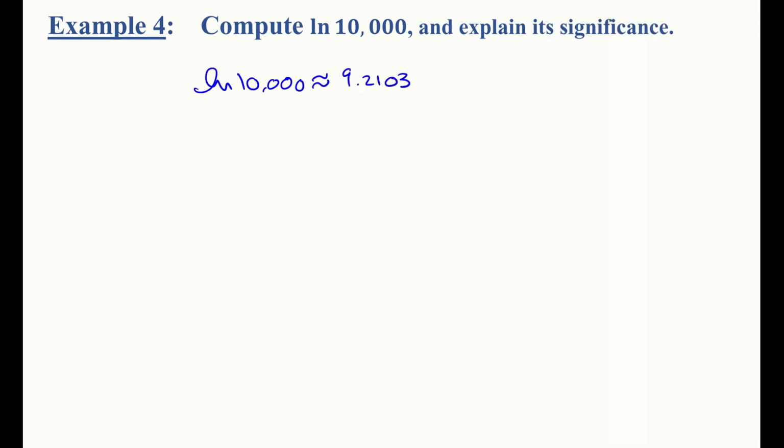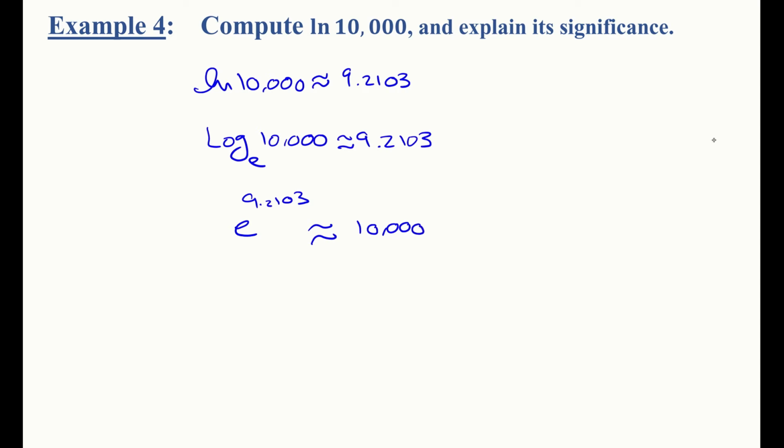And as far as understanding it, remember, we have just computed log base e of 10,000, because that's exactly what ln of 10,000 is. And we have found it to be approximately 9.2103. Converting it to exponential form tells us that e to the power of 9.2103 should be approximately 10,000.